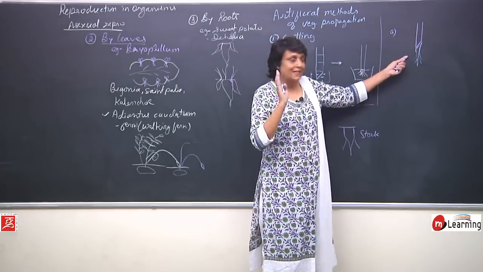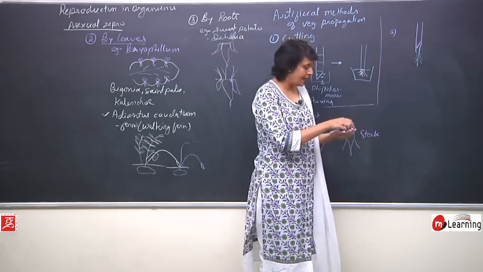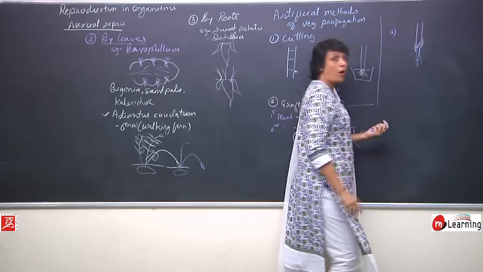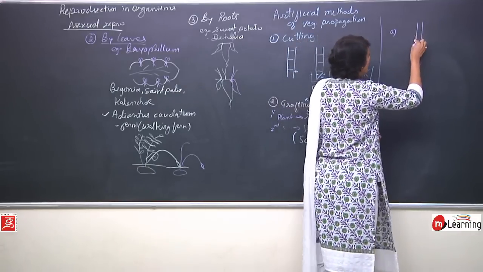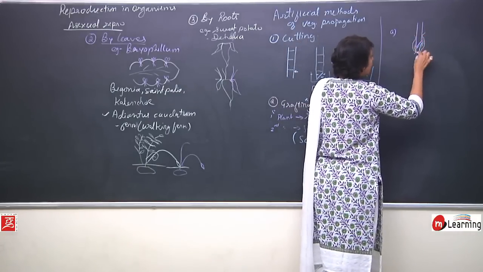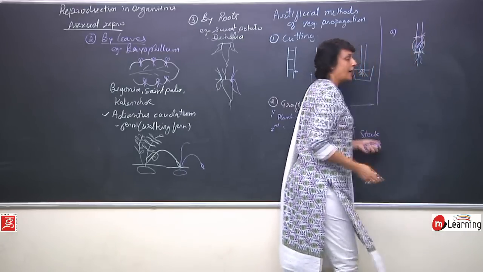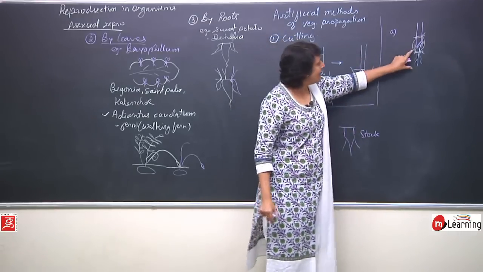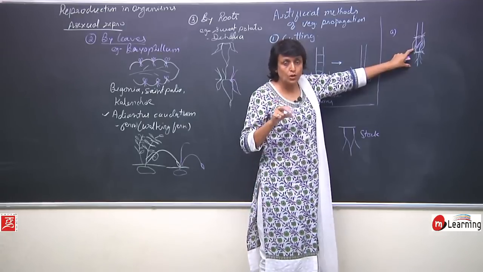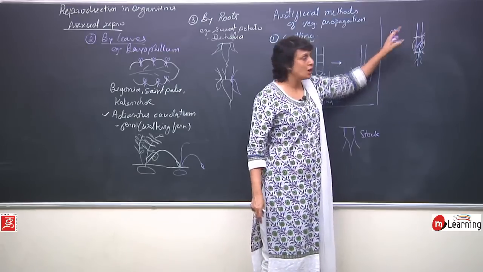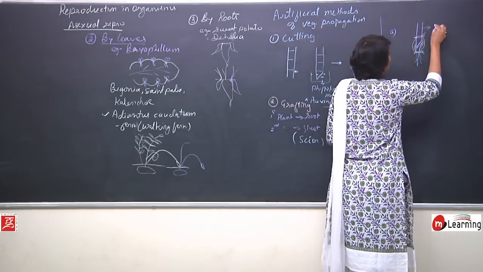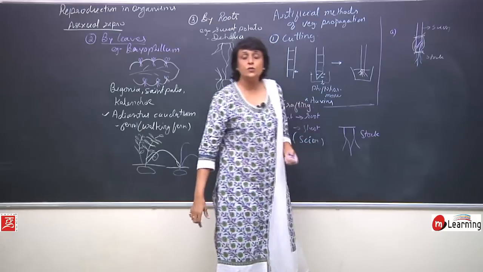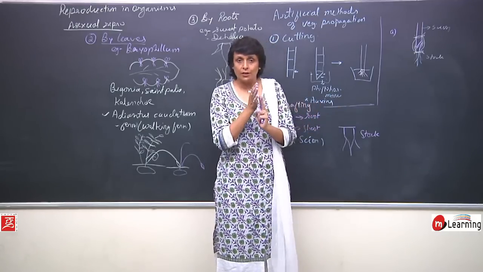We have given slanting cut to both, and then this part is covered with soil, moss, and then wrapped around with a polythene bag, and here it is tied so that the tissue can fuse. And this plant, when it grows, will have the characteristics of the root giving plant as well as the shoot. So, now we have combined the characteristics of two. This is scion and this is stalk. This is called simple angular grafting.